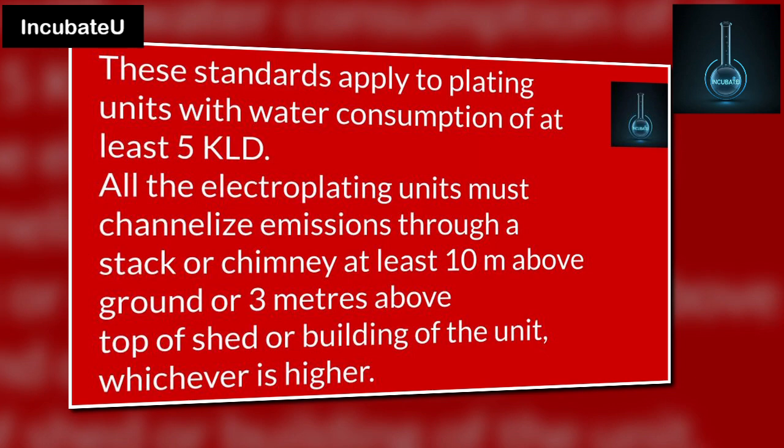All the electroplating units must channelize emissions through a stack or chimney at least 10 meters above the ground level and or 3 meters above the top of the shed or building of the unit, whichever is higher.